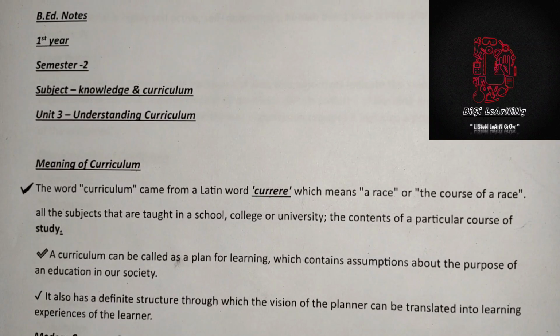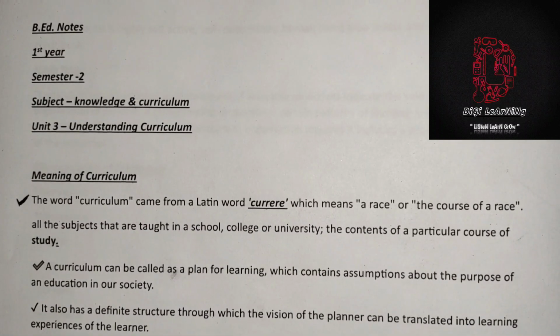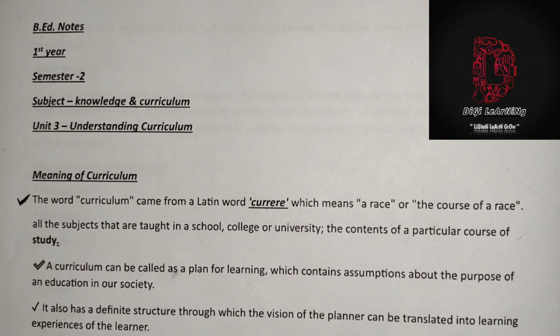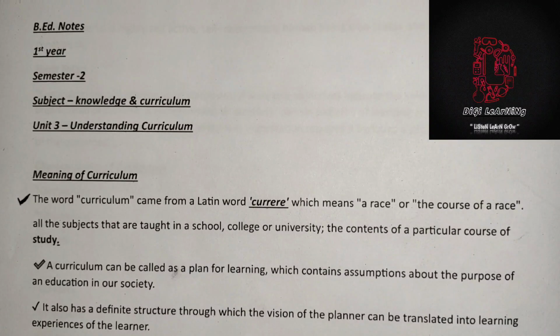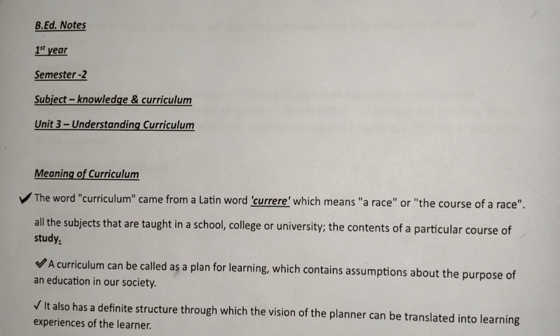A curriculum can be called a plan for learning which contains assumptions about the purpose of an education in our society. It also has a definite structure through which the vision of the planner can be translated into the learning experience of the learner. Okay, this is the meaning of the curriculum.